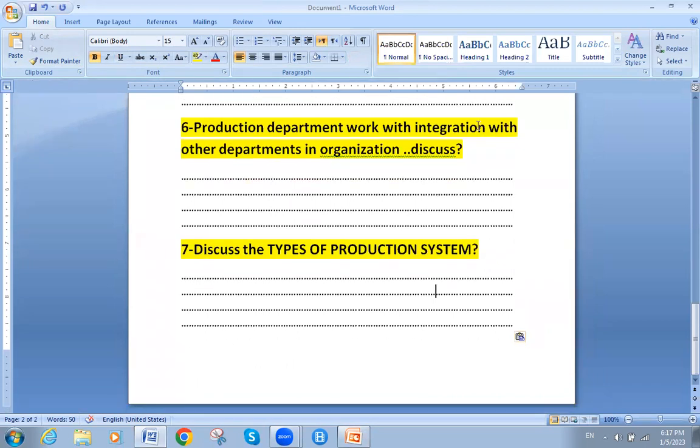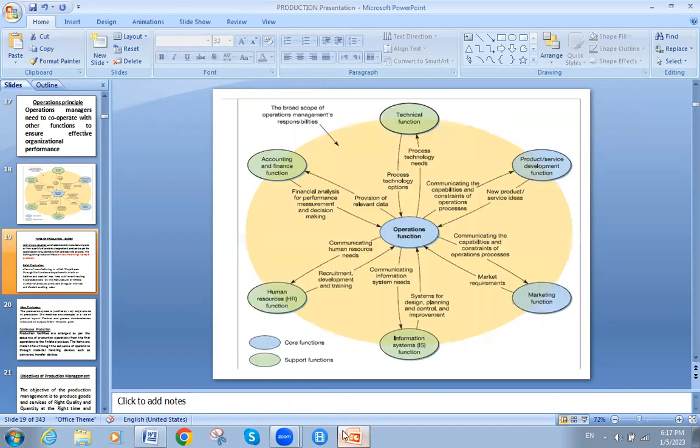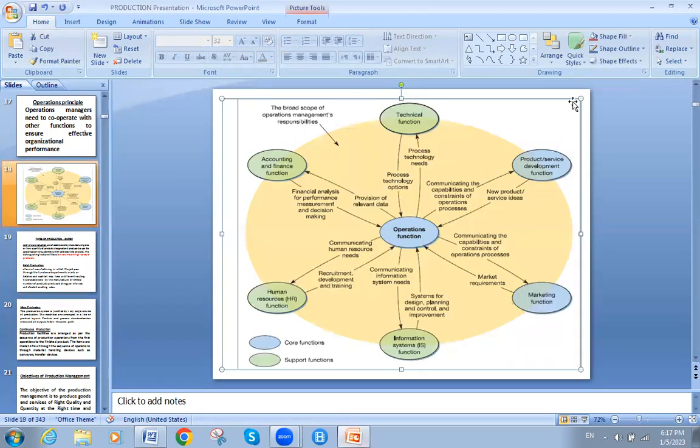I want you to work on those two questions right now, please. The first question: the production department is in an integration relationship with other departments. Operation and production management we usually use as synonyms.